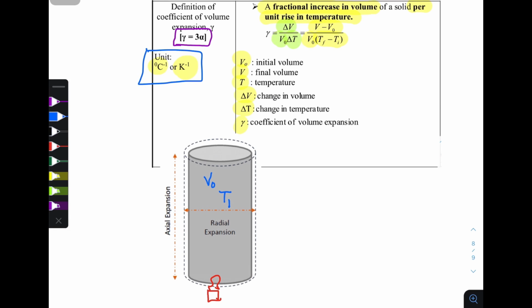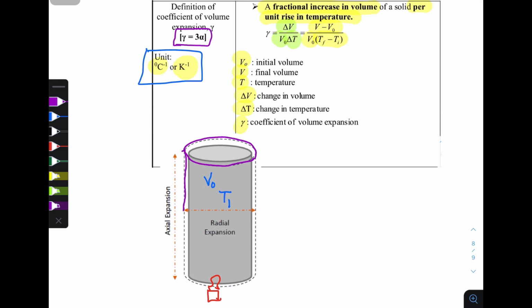You akan dapati silinder ni nanti akan mengembang. Yang mengembang ni yang kamu nampak dotted line ni ya. Ni dah kembang.